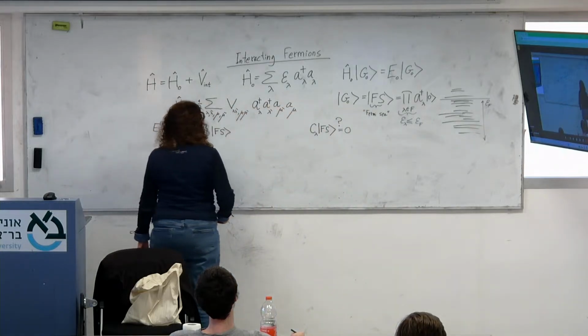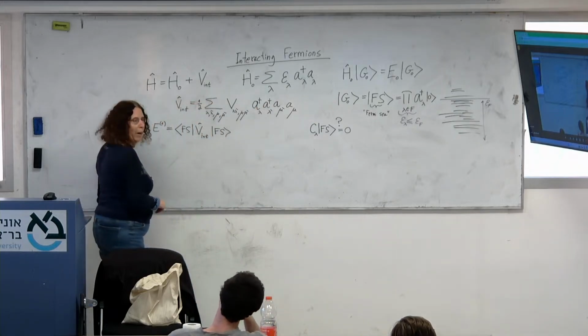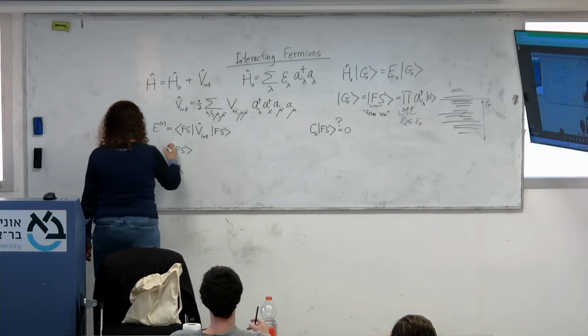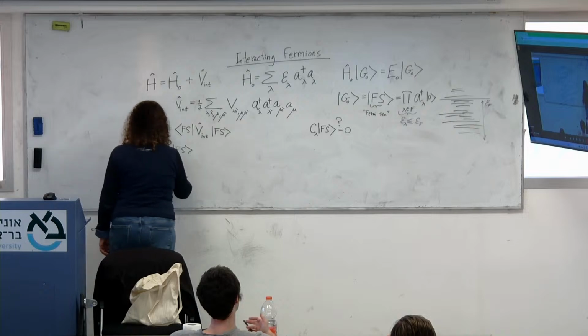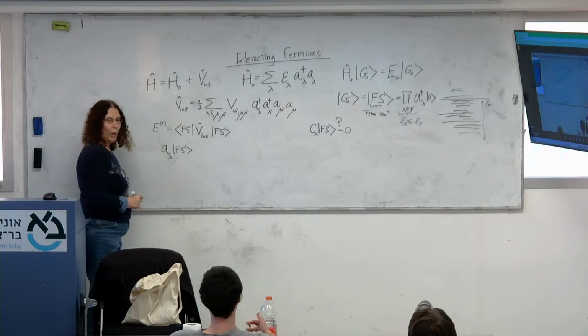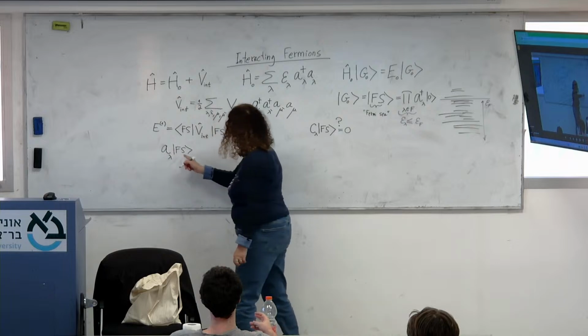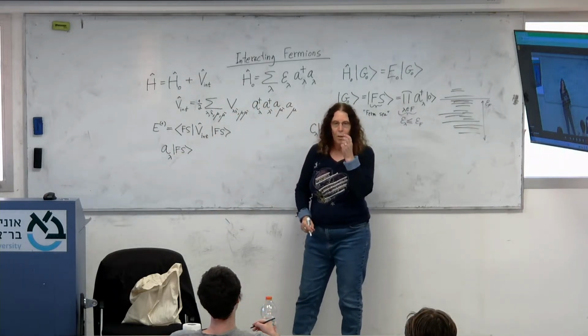Let us first look at our original operators, and suppose I take my Fermi sea and I apply on it some annihilation operator A with some lambda. Generally, I will not get 0, but in some cases I will.